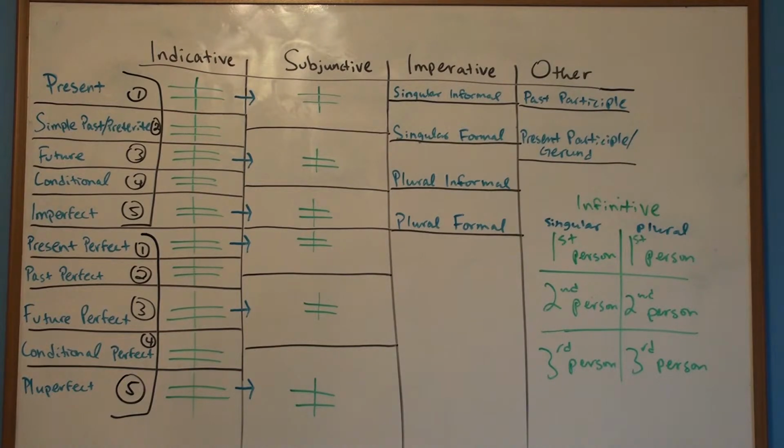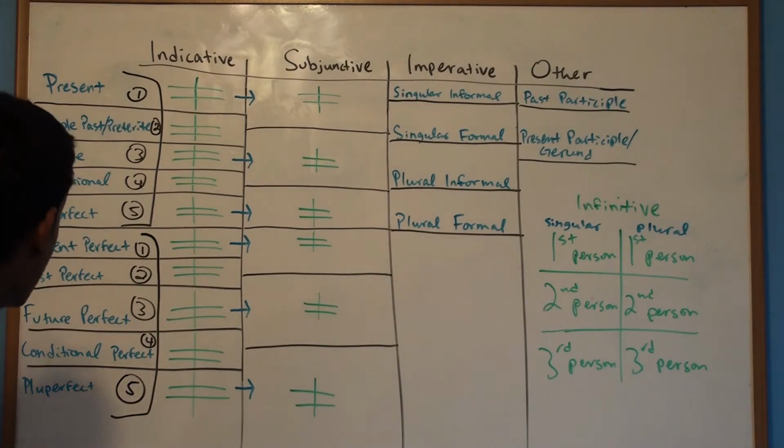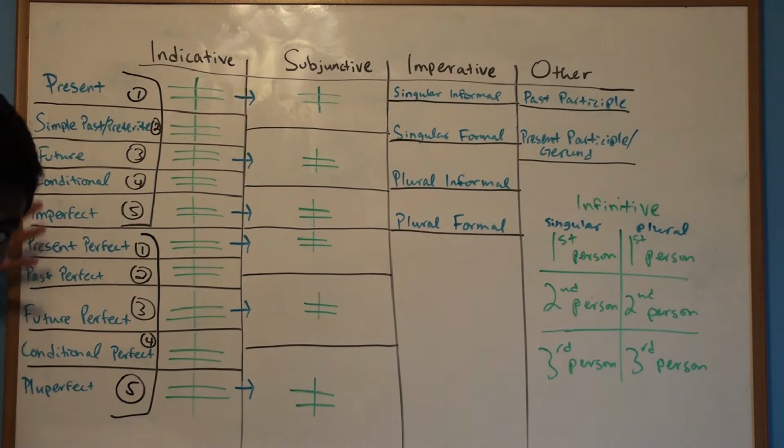So this is really the whole verb map for Spanish, and really for any Romance language. The order of these tenses can be changed for convenience and for better organization. In Spanish, I think this is a good organization because these are some of the most frequently used tenses.